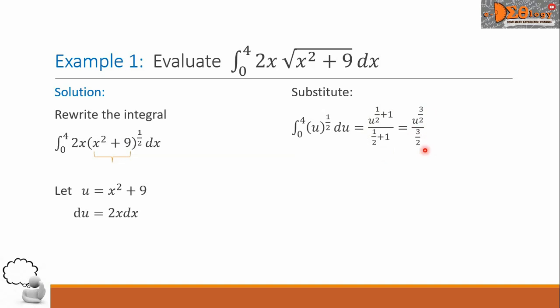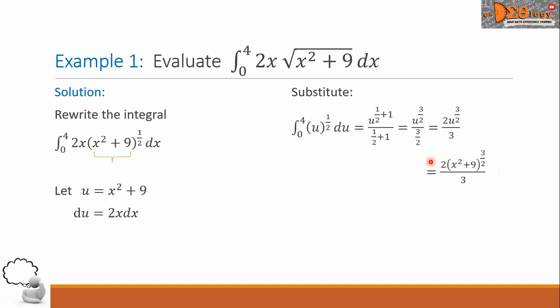Let us simplify this fraction by flipping it, making the denominator 2 a coefficient of the numerator. So we have 2 times u raised to 3 over 2 all over 3. From here, let us return the value of u with respect to x. We have 2 times the quantity x squared plus 9, all raised to 3 over 2, all over 3.